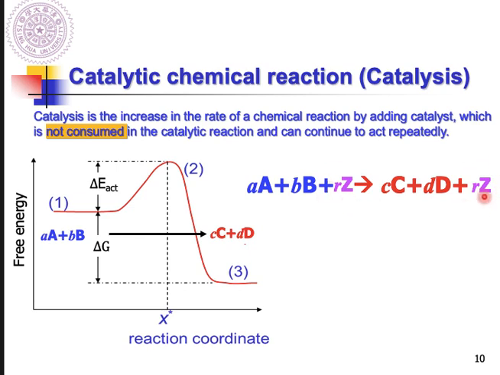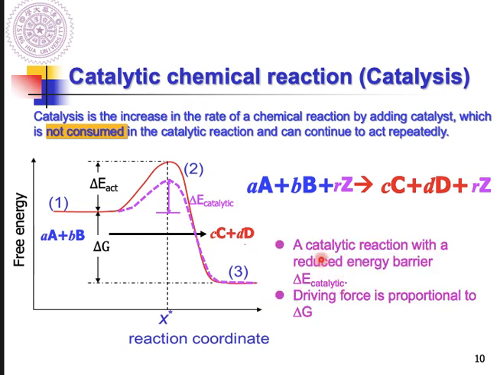By adding this catalyst, we can observe the energy barrier or activation energy will be decreased, so that will allow more reactants to overcome this energy barrier to generate more product. So that's the reason why the reaction rate can significantly increase. So the catalytic reaction for sure has a reduced energy barrier compared to the activation energy before adding catalyst.